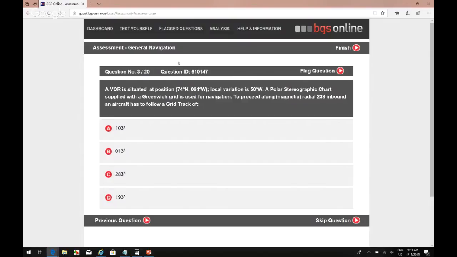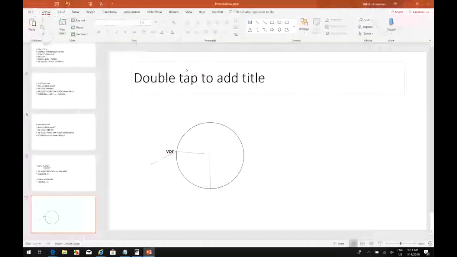So 238 minus 50 is 188, which means the line would be more like that. True. Well, if it's true, it would be true based on this.